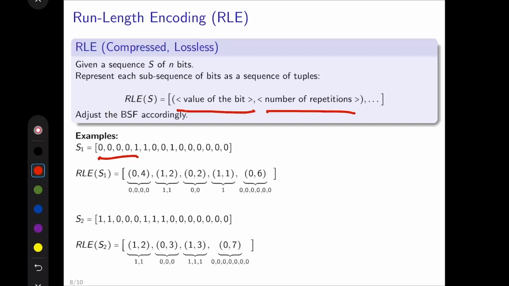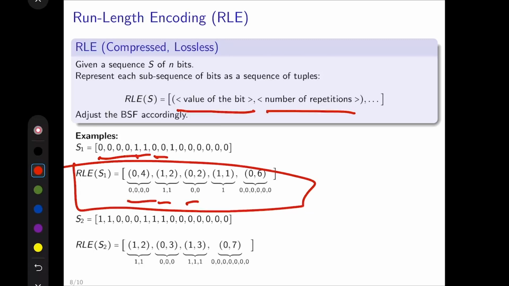So 4 zeros become 0, 4. 2 ones become 1, 2, 2 zeros become 0, 2, and so forth. And like that, you can encode this sequence as those tuples. Here's another example. 2 ones give you 1, 2, 3 zeros, 0, 3, and so forth. That's called run length encoding.